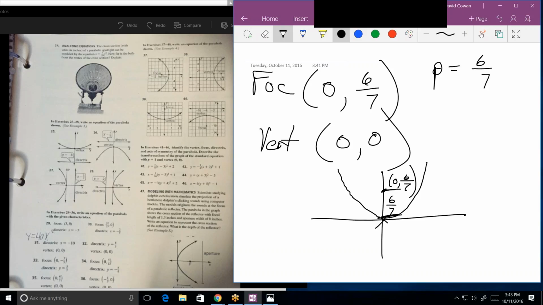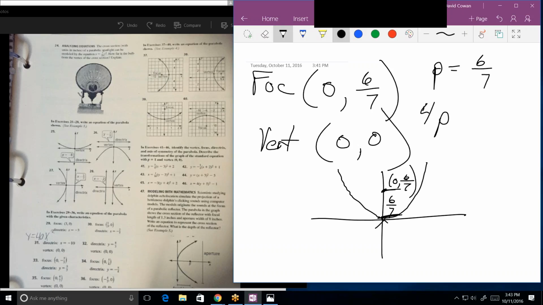What's the standard equation for a vertical parabola? What do you always start with? 4p. What comes next? x. What's the quadratic you've been working with for 3 years? y equals x squared. That's the big difference.